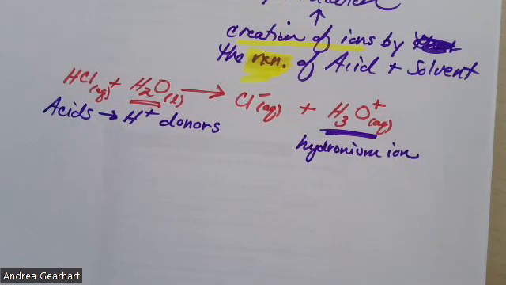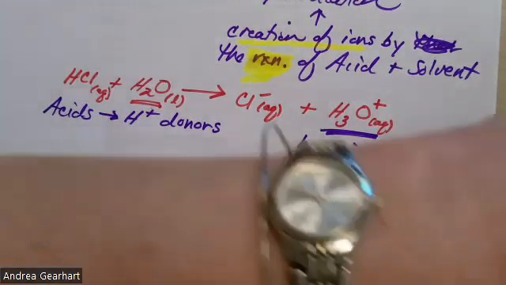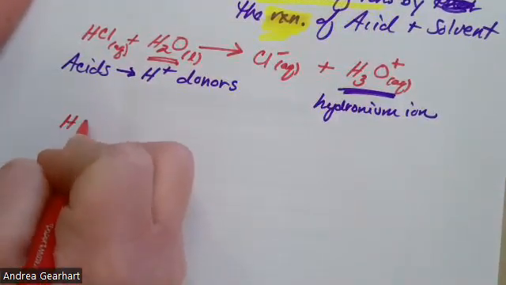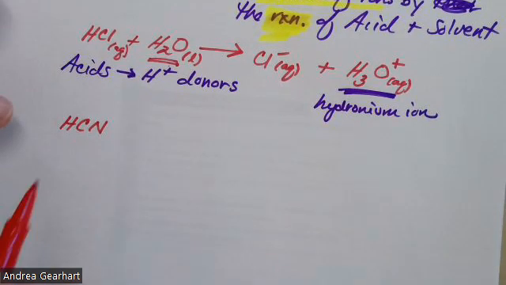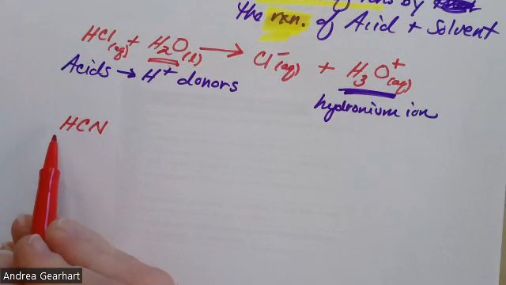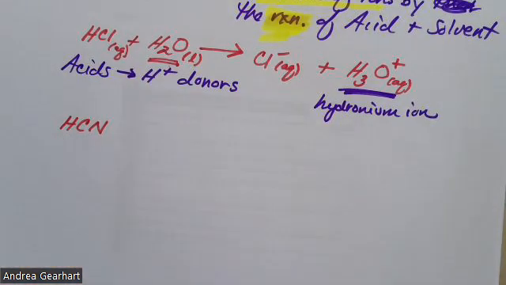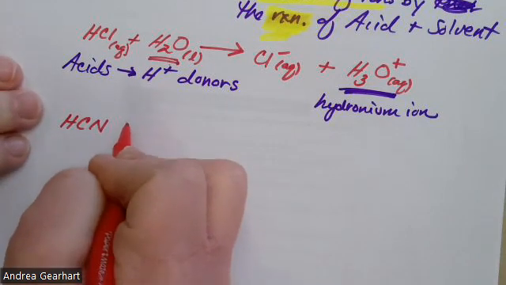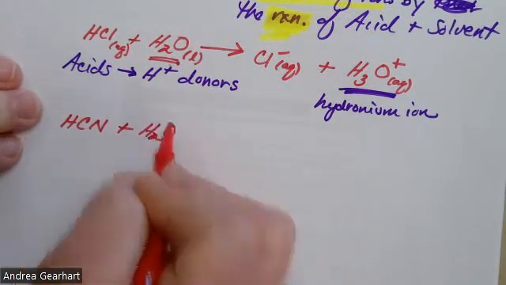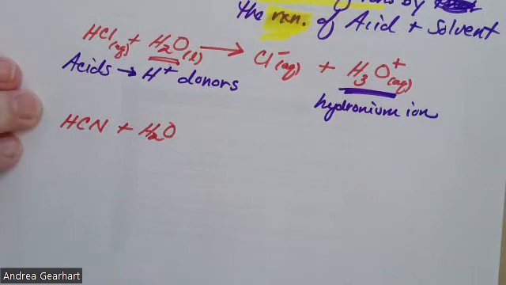Okay, another acid is hydrocyanic. I am telling you it is an acid, plus we can recognize from the formula, it begins with the hydrogen ion, which in our kind of chemistry, that's how we write acids. But it doesn't really become an acid until it can react with water.